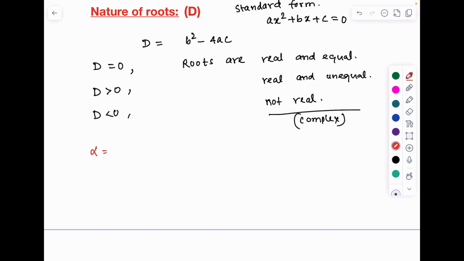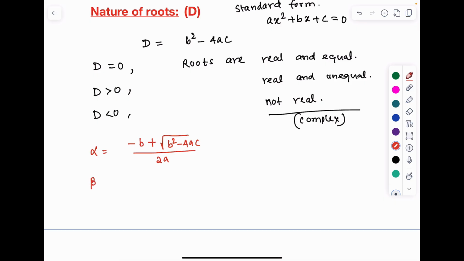Actually, roots we can also check. Alpha is equal to minus b plus square root of b square minus 4ac by 2a, and beta is minus b minus square root of b square minus 4ac by 2a.